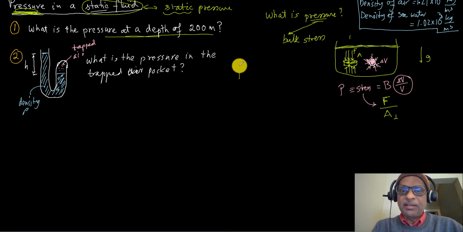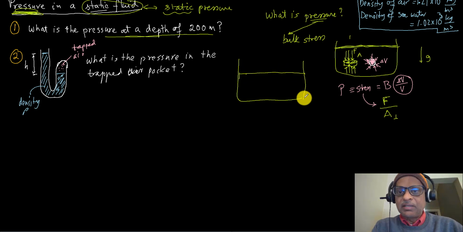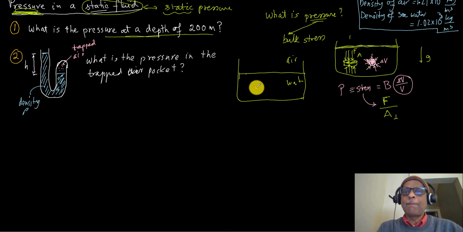So let's look at what happens. This is a fluid, and it is assumed that this is open to air. So this is air and this is water, and we are at 200 meters.